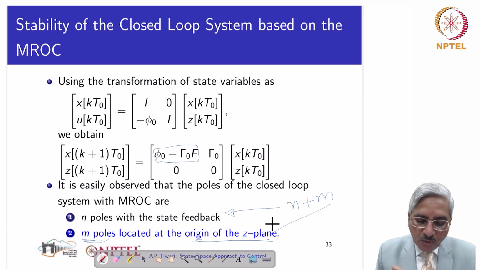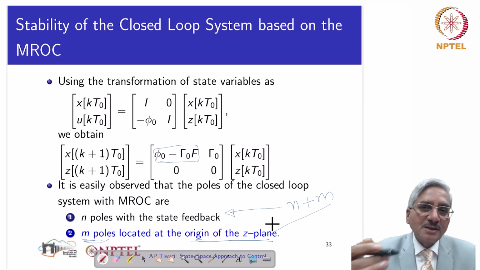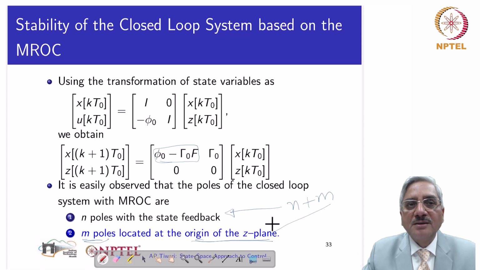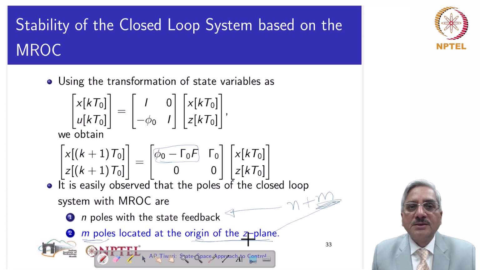So it has n poles corresponding to the state feedback system, the discretized system corresponding to the continuous time system sampled at the rate 1 by T0, and m poles which are all at the origin of the z plane.